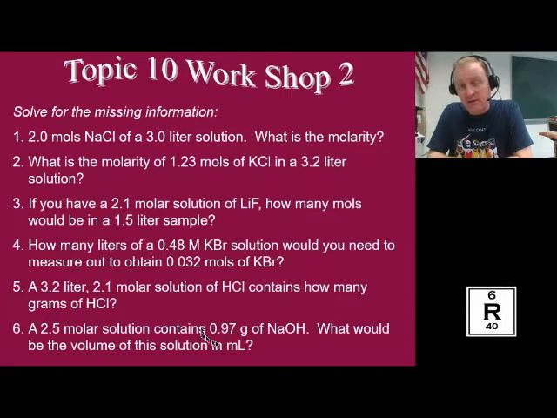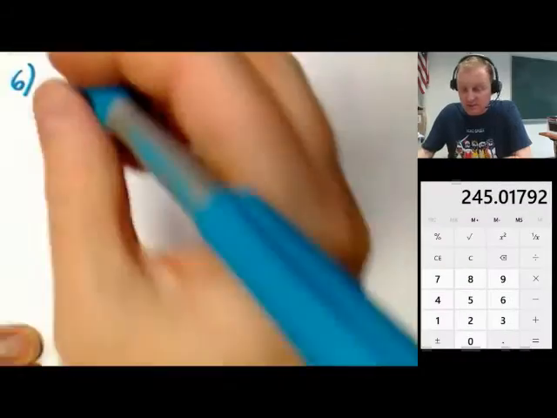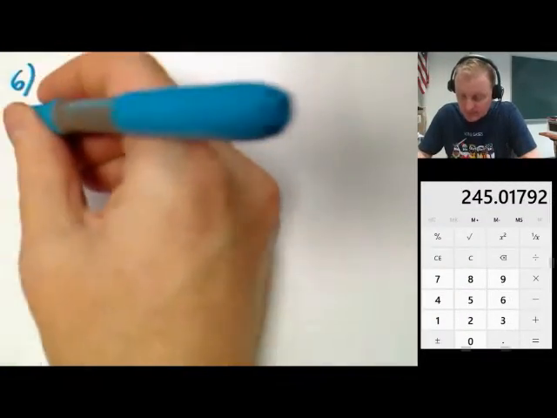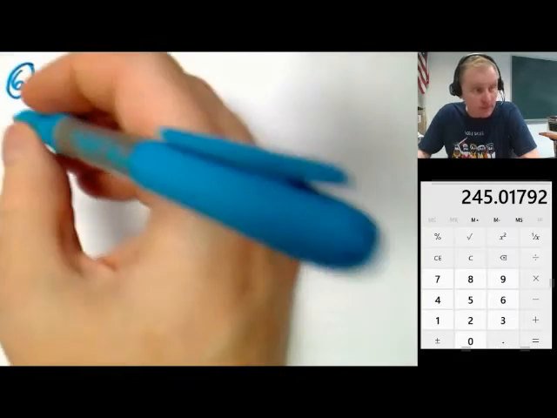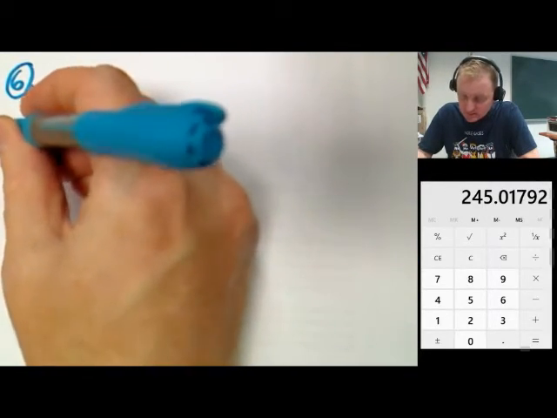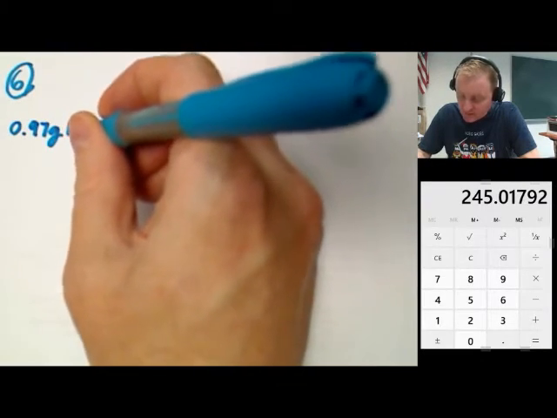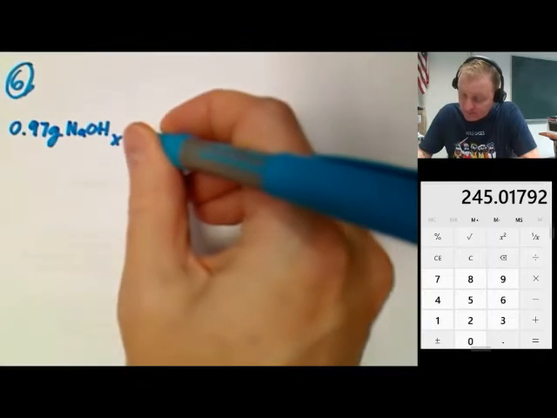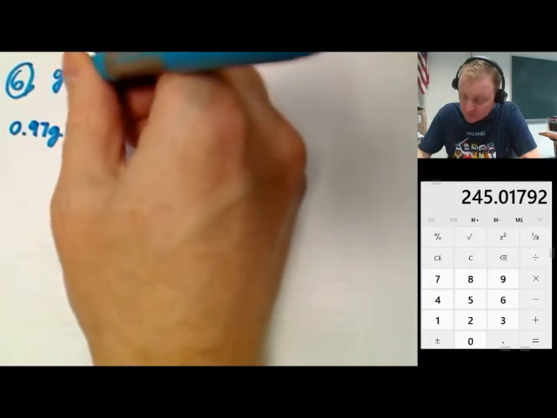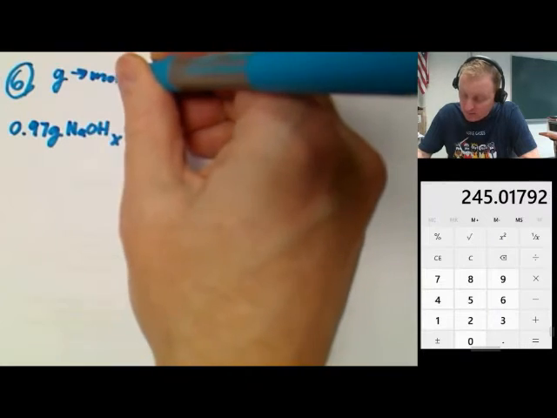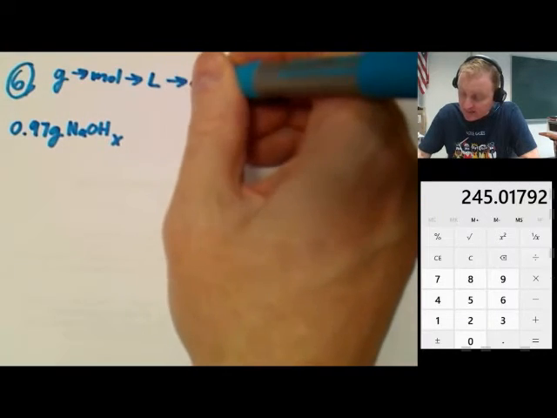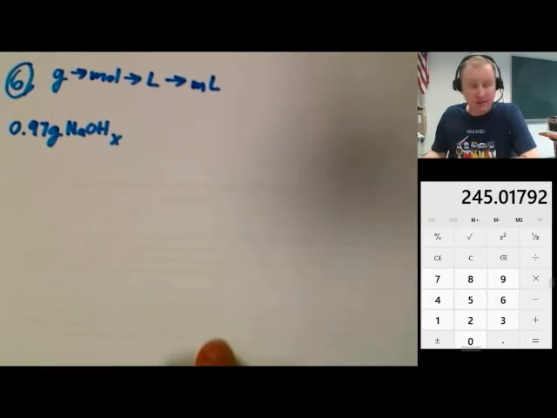I'm going to start off with my things that are just 1 unit. So molarity is moles per liter, 2 units. This is just 1, and that's where I start off when I use my dimensional analysis. So I'm going to say that 0.97 grams of sodium hydroxide. Let's convert. I'm going to go grams to moles, moles to liters, and then liters to milliliters. That's my game plan here.